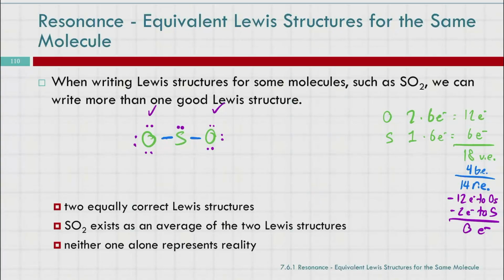Where can we get those 2 extra electrons from? We can't place any more. How do we get that number up? Bonds. We need to take a lone pair from oxygen and make a double bond. Which oxygen are we going to take the lone pair from?